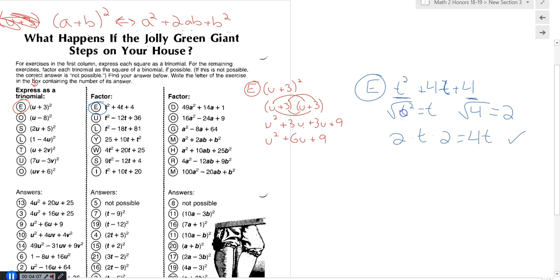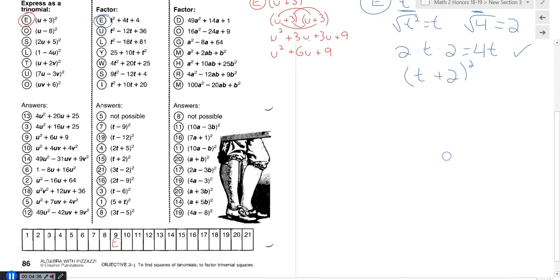So we take it, square root it, we take it, square root it, and then we're just checking to see if this actually is 2ab. If it's not, then you can't factor it. If it is, you just write it as the first one plus the second one squared. So then it looks like 15. So when we go down here, that's also the letter E under 15. Right, and E. Fine.